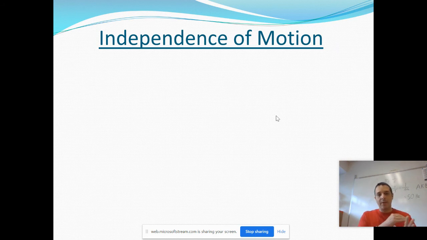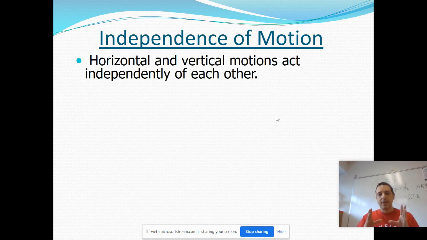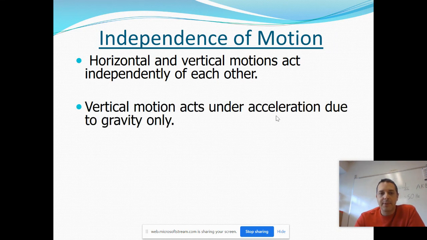You can track where they are in time, both horizontally and vertically simultaneously, but you would just put that back together like an XY coordinate. So independence of motion, horizontal, vertical, the motions of each act independent of each other. This is the key most aspect of any sort of projectile motion concepts.